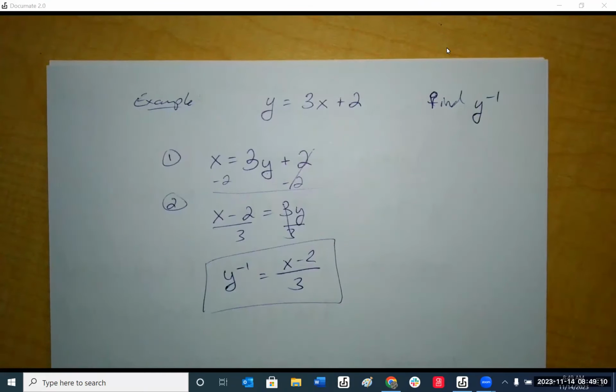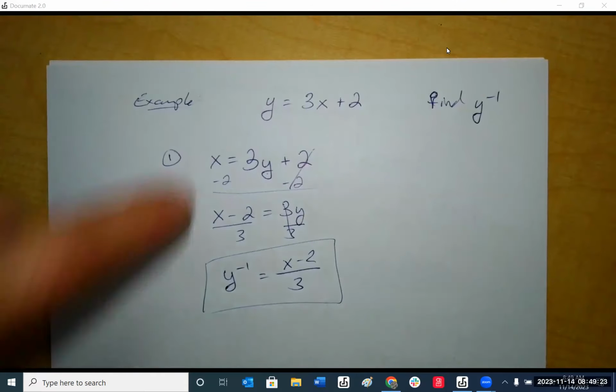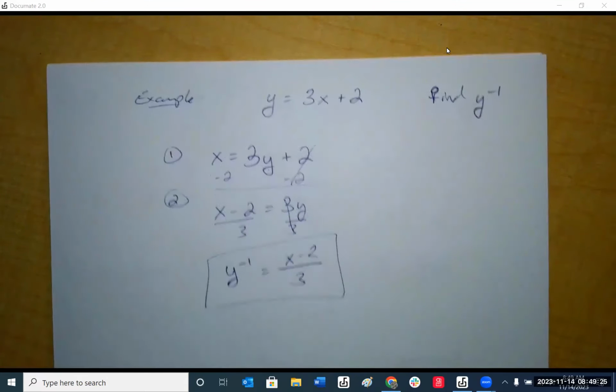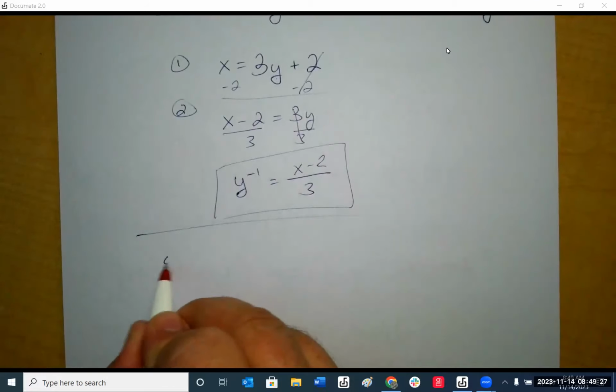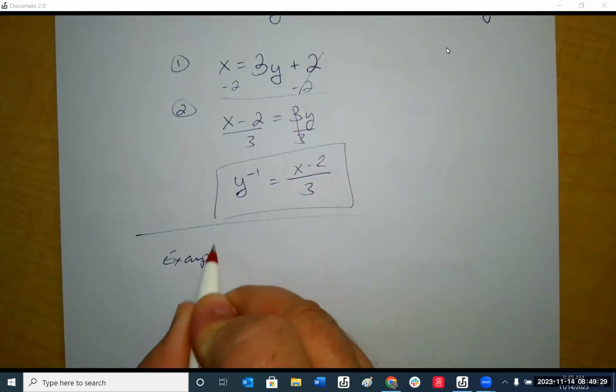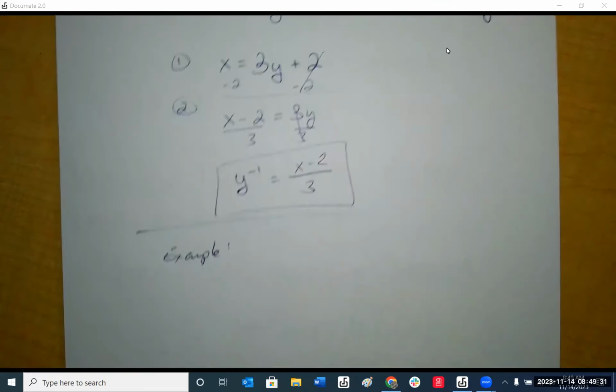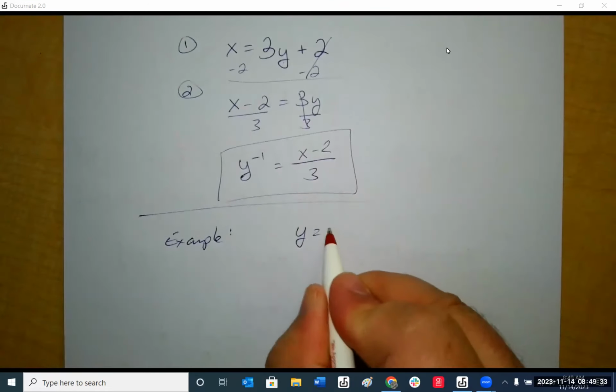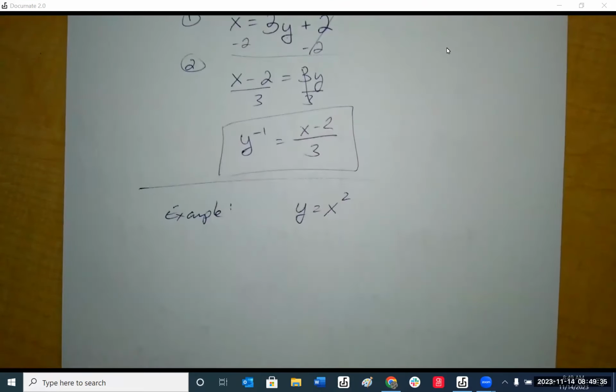Will all functions have an inverse? Which ones won't? Well, this one has one. Let's look at example 2. Well, let's look at the next example first. Let's say y equals x squared.